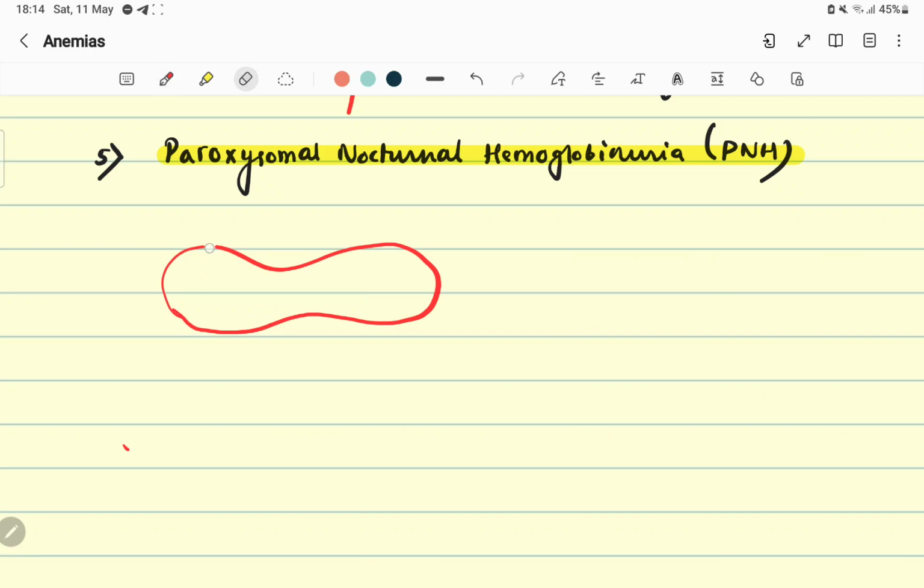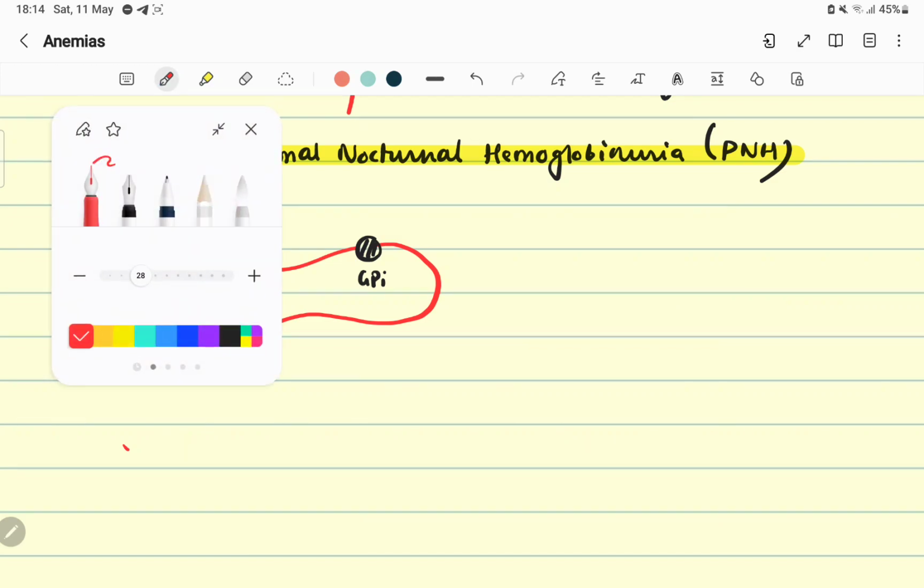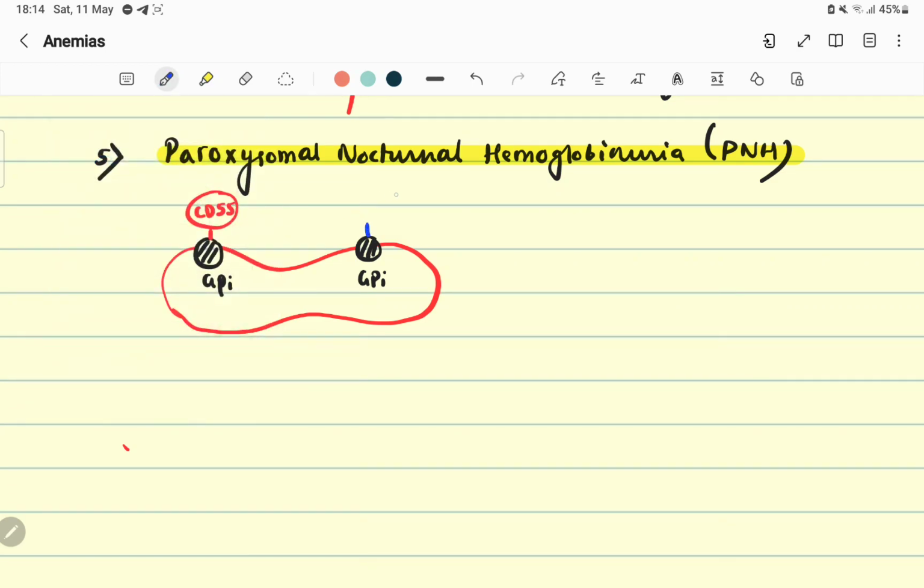So we have something called a GPI anchor. This is the GPI anchor, and we have CD55 being held tightly to it, CD55, and here we have the CD59. Okay, CD55 and CD59.